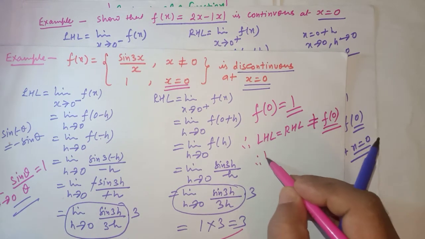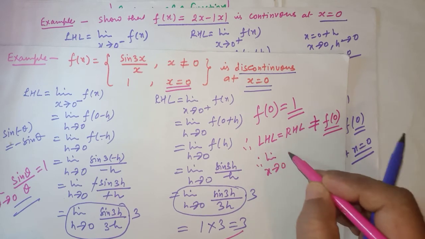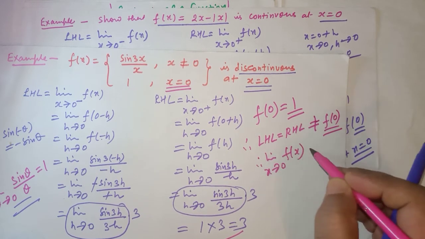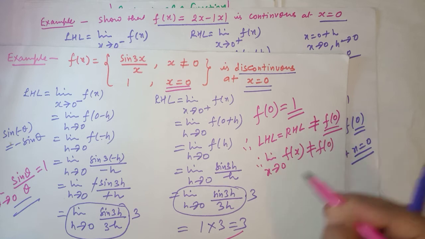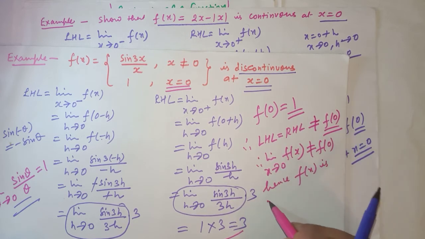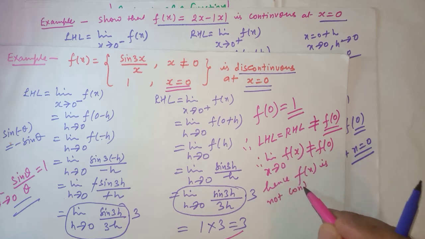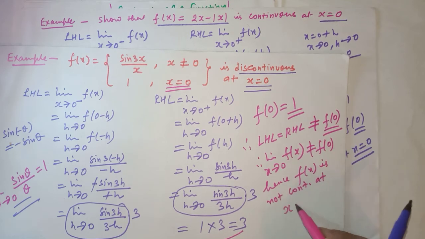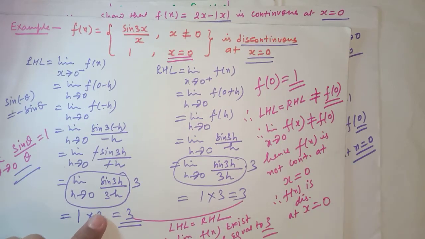So therefore limit x tends to 0 of f of x is not equal to f of 0. Hence f of x is not continuous at x equal to 0. So therefore f of x is discontinuous at x equal to 0. Clear?